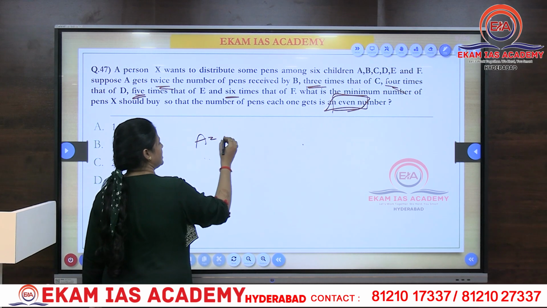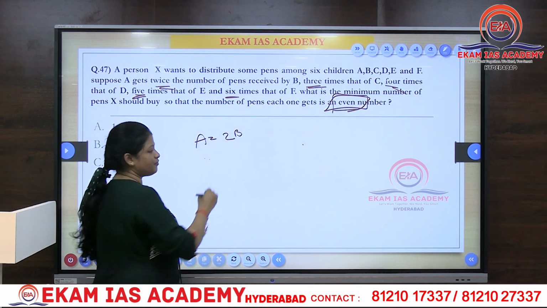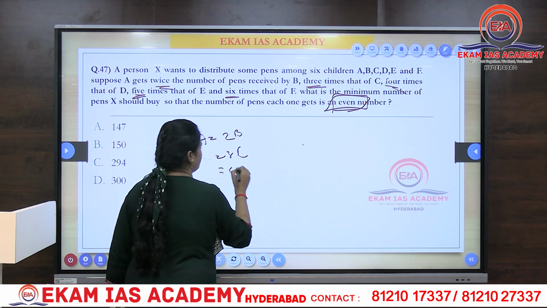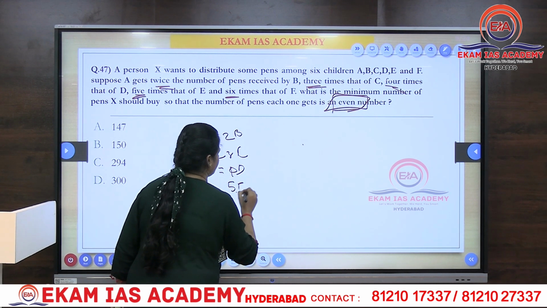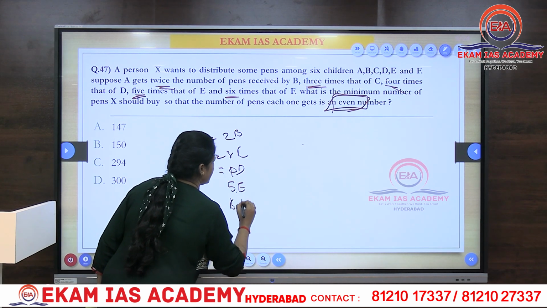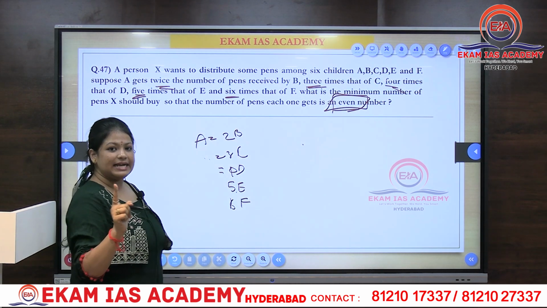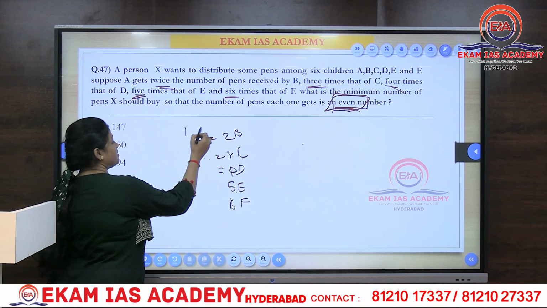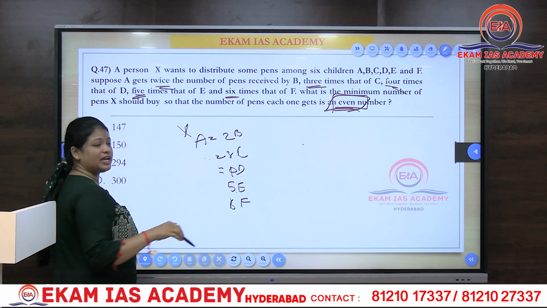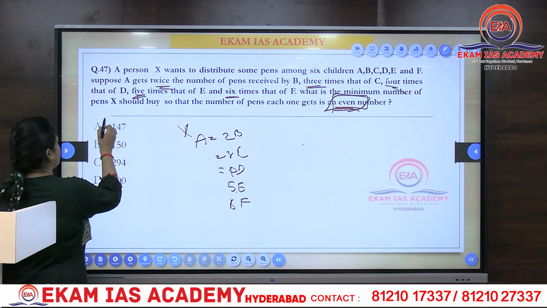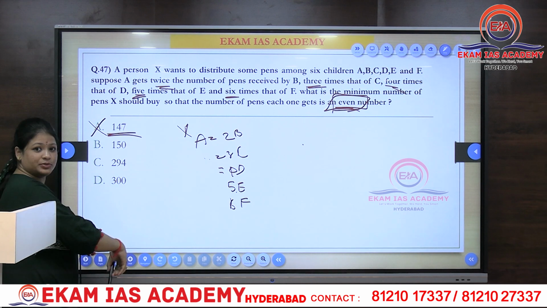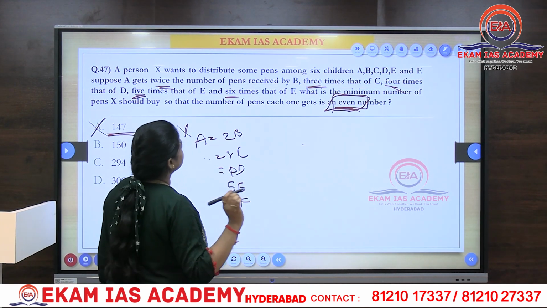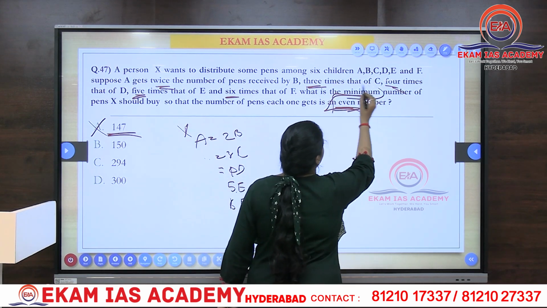A will get twice of B, thrice of C, 4 times of D, 5 times of E, and 6 times of F. What is the only condition? Everyone should get an even number. Even X should also get an even number. Hence, we are eliminating the odd numbers in the options. And another thing we have to look into is, what is the minimum number?